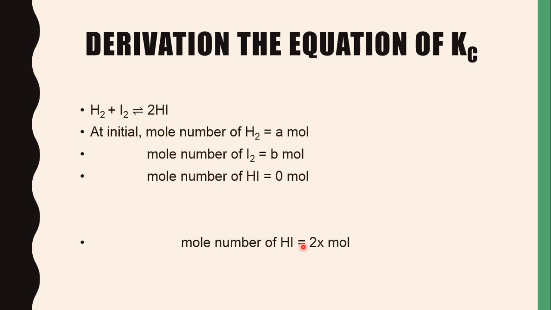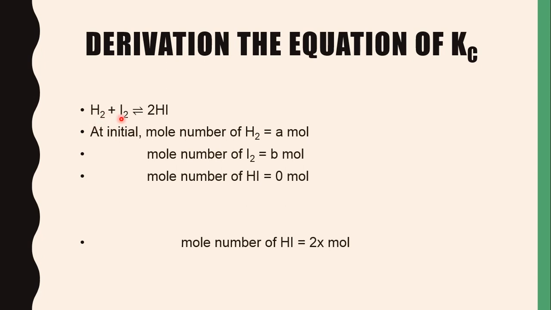Then 2x mole hydrogen iodide is produced from x mole hydrogen and x mole iodine, because 2 mole hydrogen iodide is produced from 1 mole hydrogen and 1 mole iodine. So 2x mole hydrogen iodide will be produced from x mole hydrogen and x mole iodine.